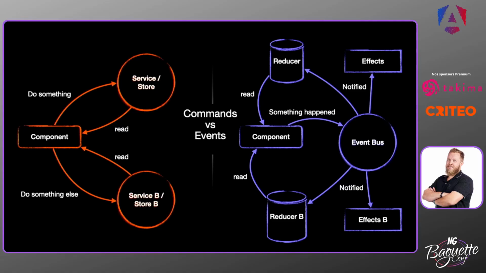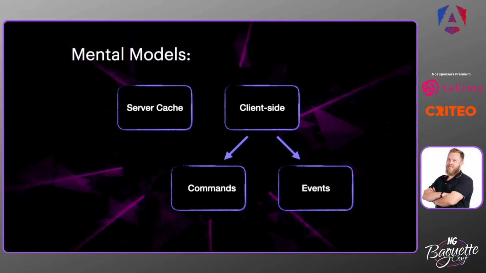But I wanted to inform you about some of the typical patterns and some of the mental models you can start creating around the state and movement of state within your app. So we have server cache, directly tying to a specific API. And these are good, valid use cases for this. You can keep using that and be fine, especially if your API is handcrafted for specific pages that you have.